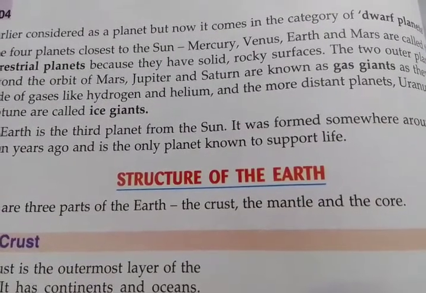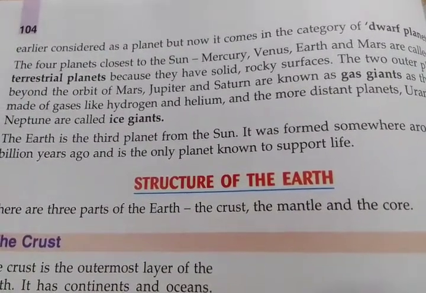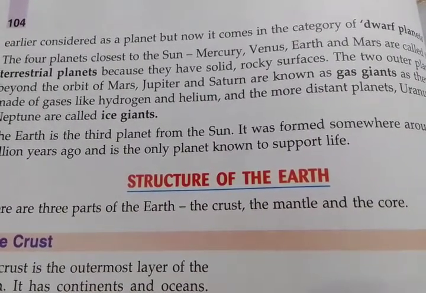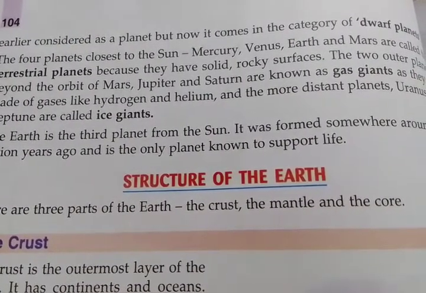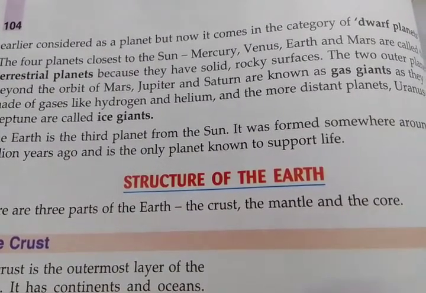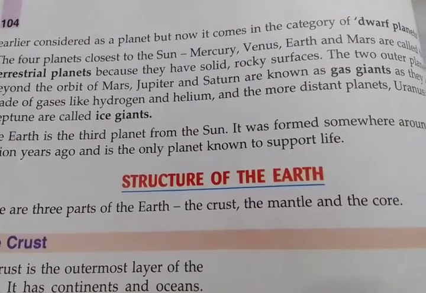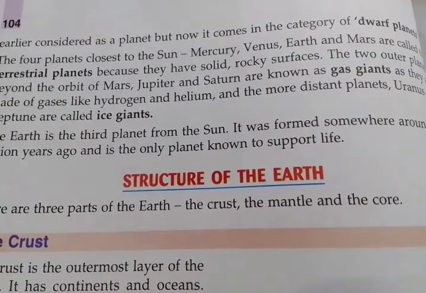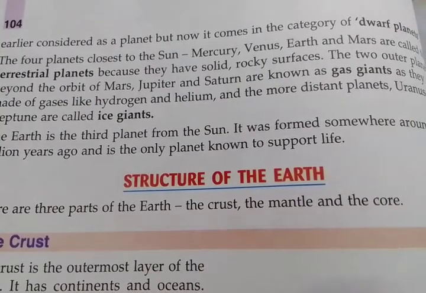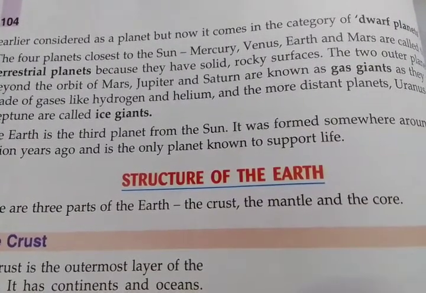The 4 planets which are closest to the sun are Mercury, Venus, Earth and Mars. And these planets are called as terrestrial planets because they have solid rocky surfaces. So remember, Mercury, Venus, Earth and Mars are called as terrestrial planets.